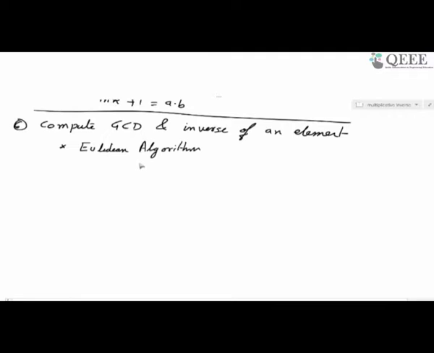where it actually takes two numbers a and m and computes the GCD to be equal to, say, d. Now especially if d equal to 1, the extended Euclidean algorithm, which is an extension to this Euclidean algorithm, was used to actually find the inverse of a modulo m.